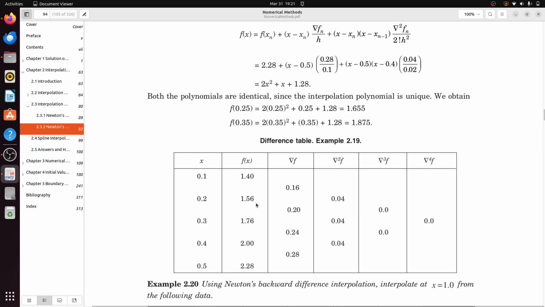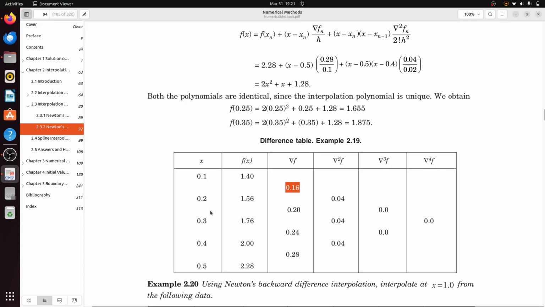So 1.56 minus 1.40 is 0.16. This minus this will be 0.20. This minus this 0.24. This minus this 0.28. Then this minus this 0.04, this minus this 0.04, 0.04, and 0. Now the forward difference formula will be 1.40 plus x minus 0.1 into 0.16 divided by h, which is 0.1.